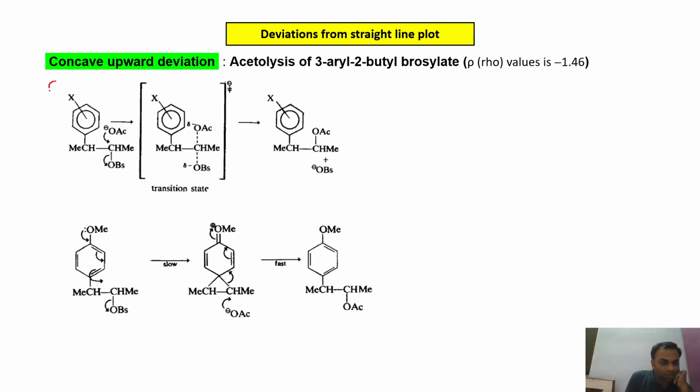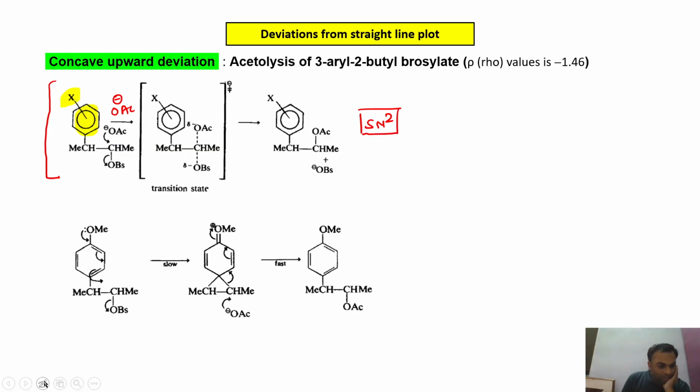When a moderate electron withdrawing group is there, the electron density of this phenyl ring is withdrawn by this X group, and in such cases the external nucleophile attacks the carbon bonded to the leaving group, and the reaction follows the SN2 mechanism.